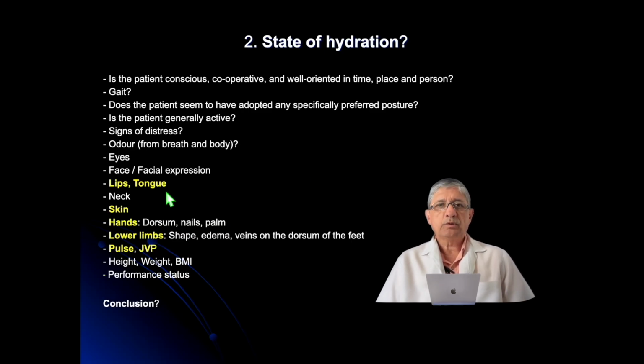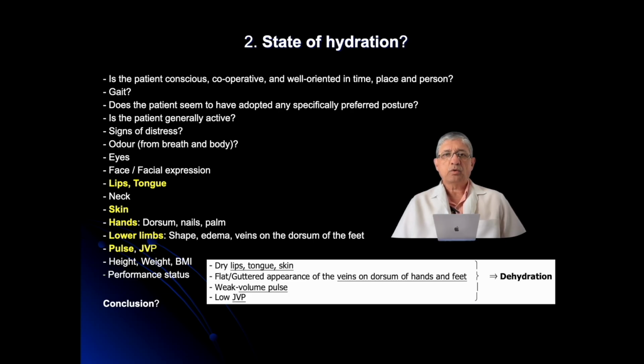Look at the lips, tongue, skin, veins on the dorsum of the hands and feet with the patient lying in supine position, pulse and jugular venous pressure. Okay? So, dry lips, tongue and skin, flat or guttered appearance of the veins on the dorsum of the hands and feet, weak volume pulse and low JVP suggest dehydration.